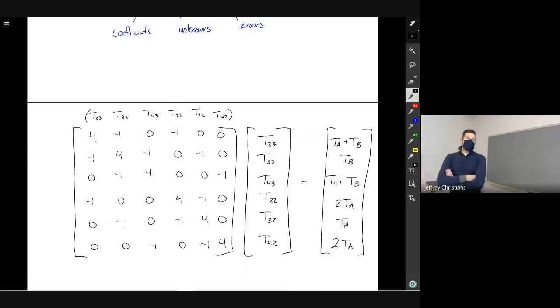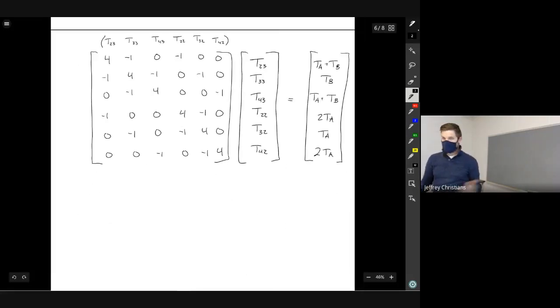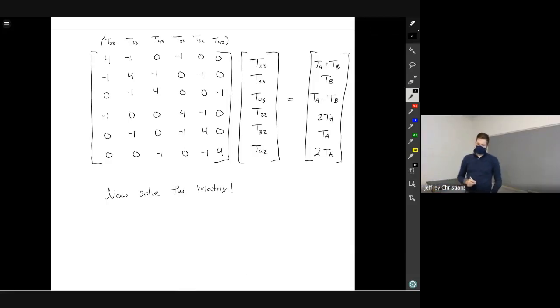When you build up larger systems, this is how we actually do these problems. We would now solve the matrix. This one we could solve by hand.